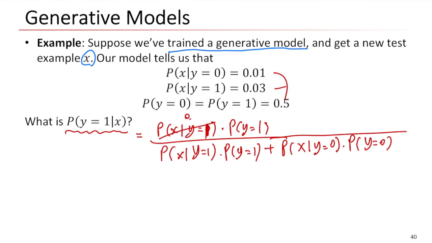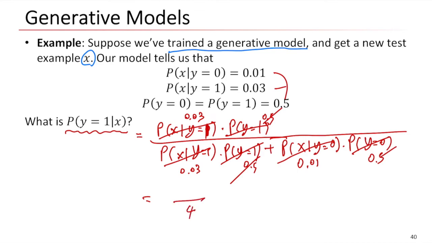So it is what? 0.6 times 0.5 is 0.3, and 0.01 should be removed, and 4 times 3. It will be what? Yeah. So the probability of y equal to 1 given x should be 0.75. So this is the general idea of the generative model.